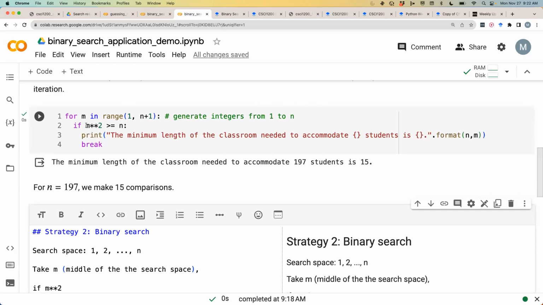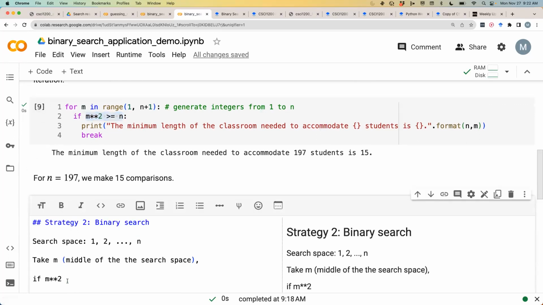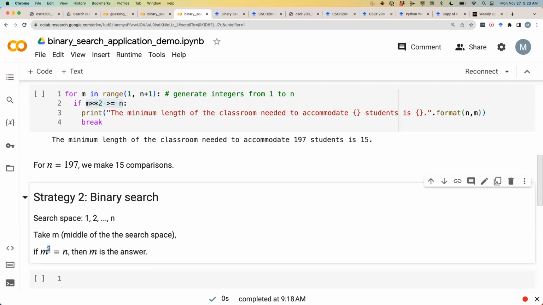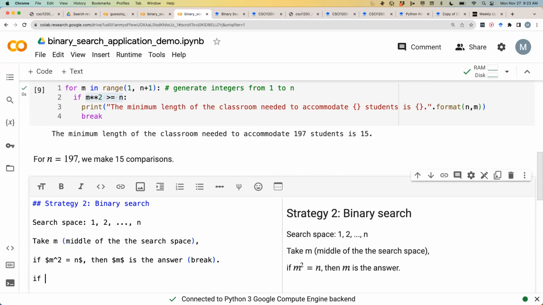Remember, the property that we want is the minimum value of M such that M square is greater than or equal to N. So if M square is equal to N, where M square is just enough to cover exactly all my students here, then M is the answer, we can break. Once we found the answer, we break. We don't continue with any iterations. We don't make any more comparisons.